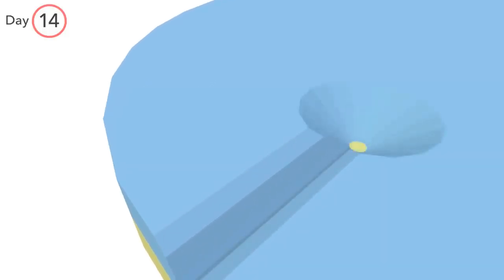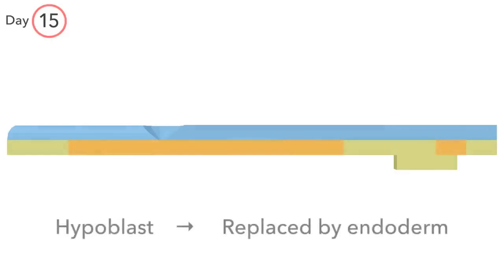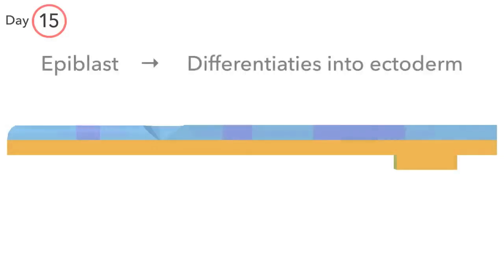At the cranial end of the streak, cells are migrating thickly, forming this circular depression known as the primitive node. As the embryo grows, more cells migrate and the primitive streak elongates. Cells which differentiate into endoderm displace cells of the hypoblast and eventually replace it entirely. Cells which remain in the upper layer differentiate into ectoderm.